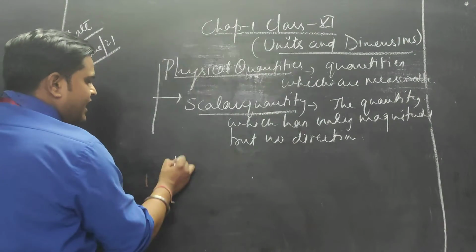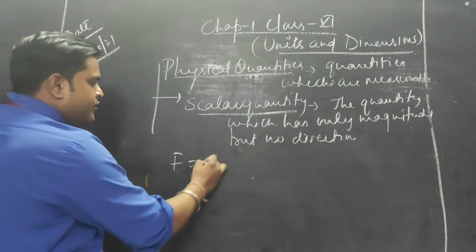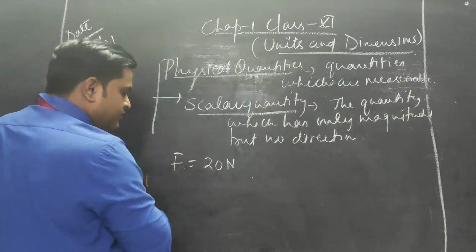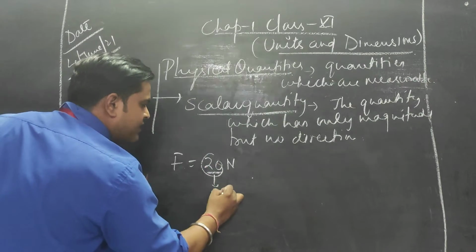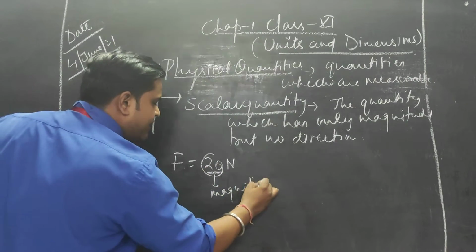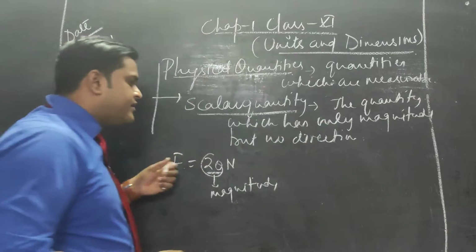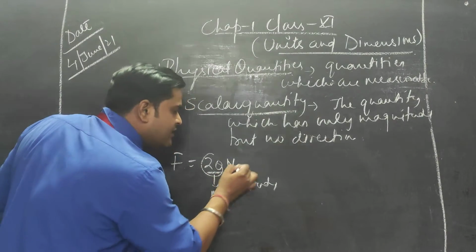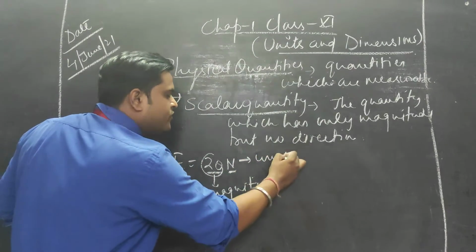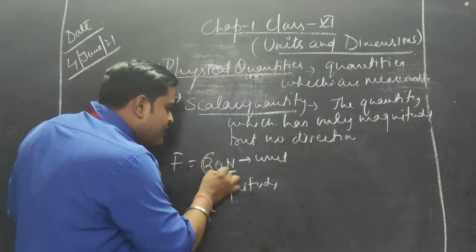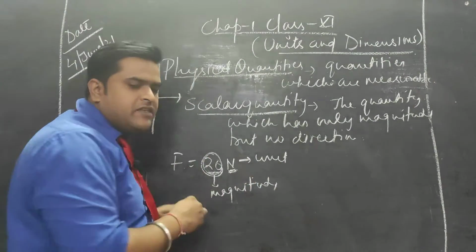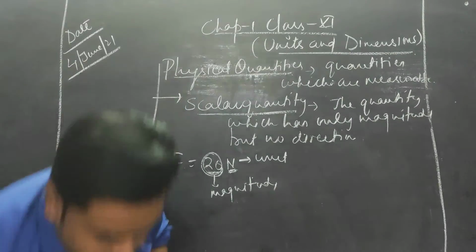Like suppose I write force 20 Newton. So this 20 is your magnitude, that is, 20 Newton of force is being applied, and this Newton is your unit. So physical quantities are basically defined with magnitude and their specified units.